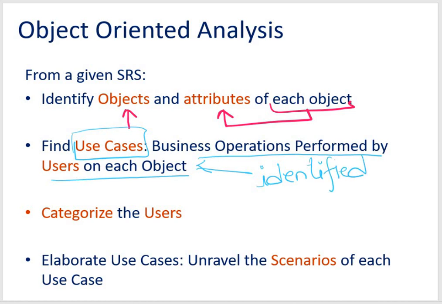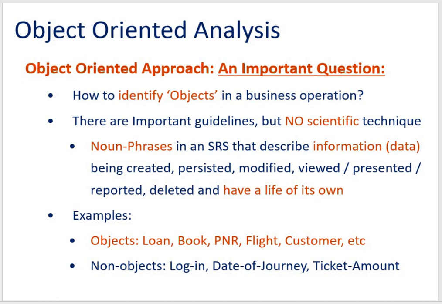So the business operations performed by users on each object will be identified. Afterwards, categorize the users, and then finally elaborate the use case. That means unravel the scenarios of each use case. The things will be much clearer with the help of an example which I am going to take in the next few slides.